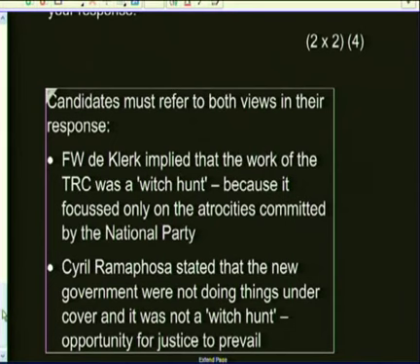And he said, this is the evidence from the source again, opportunity for justice to prevail. So in other words, those people who did not use the opportunity to come forward and tell their stories to the TRC had to then be prosecuted. That is how these two leaders differed. So that is how you need to contrast the sources. You are looking at how they differ.